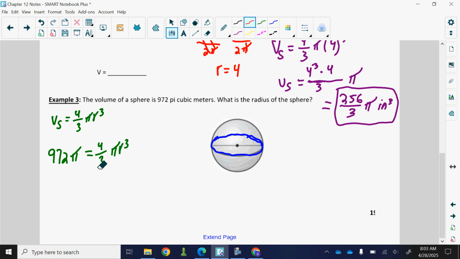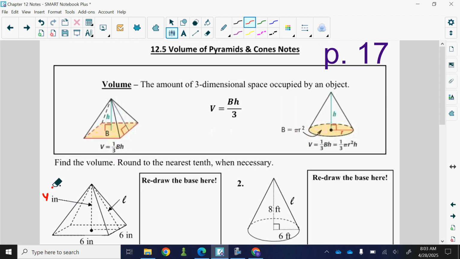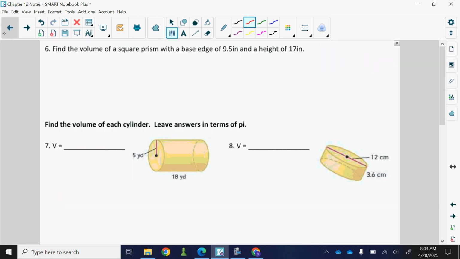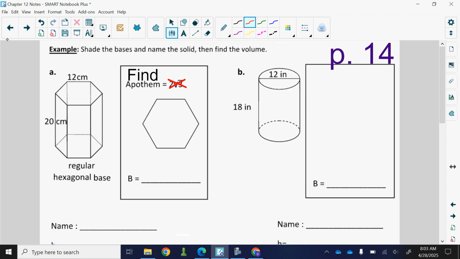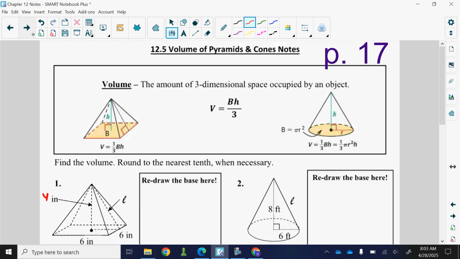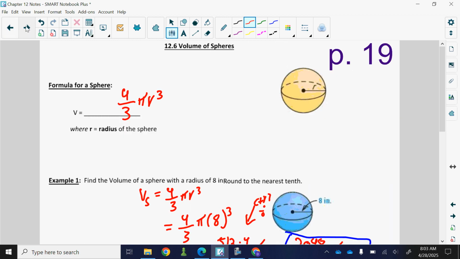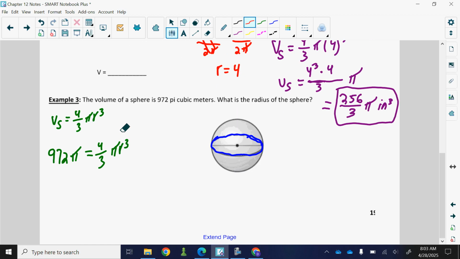So multiply both sides by 3. So we get 972 times 3, and then pi still hanging off equals 4 pi r cubed.